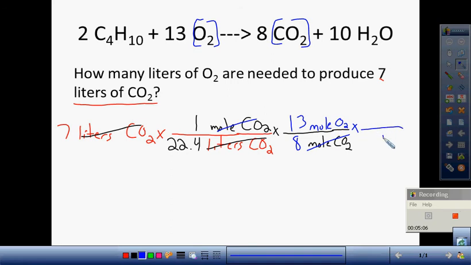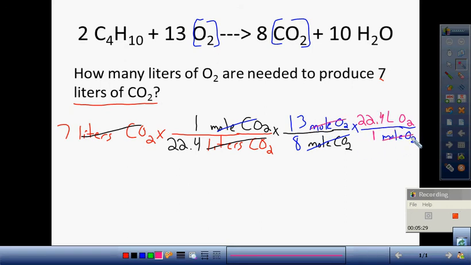Alright, so I'm going to take whatever units are up here. I don't want them, so I'm going to put them down here and cancel them out. I'm trying to get to liters, and I can go from moles to liters. There's 1 mole in my fraction, so there's 1 here. My liters, again, is constant. It's 22.4 always.